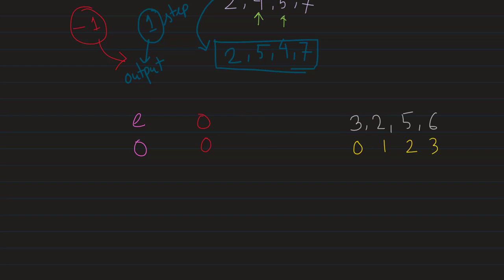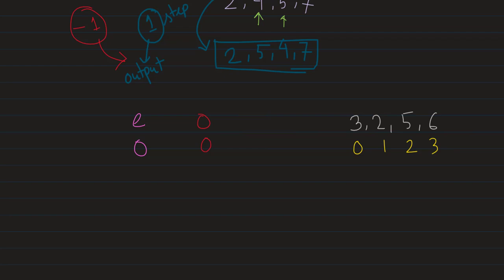Now, if the parity of the element and the parity of the index don't match, then we will have to split them into two parts. If the element is even and the index is odd, then we will have to increment the integer e, and if the element is odd and the index is even, then we will have to increment the integer o.